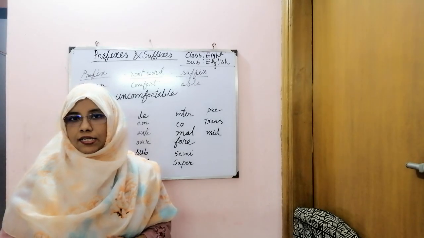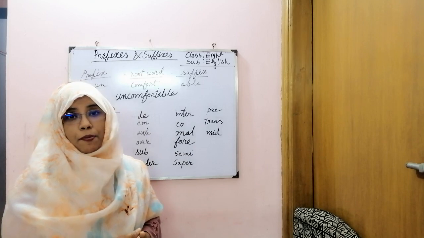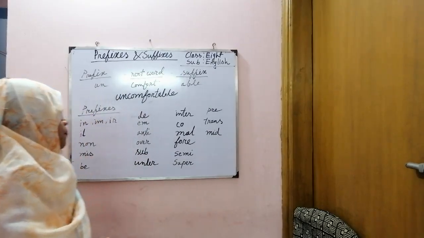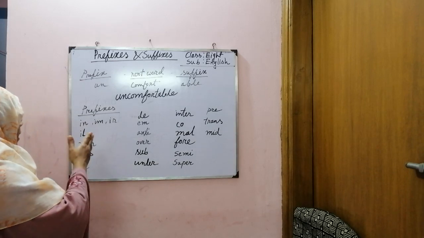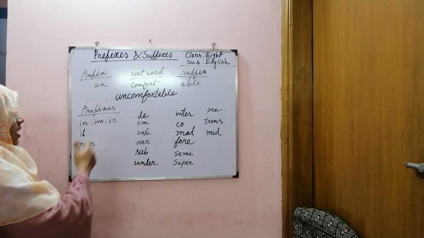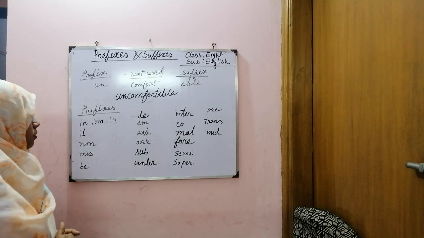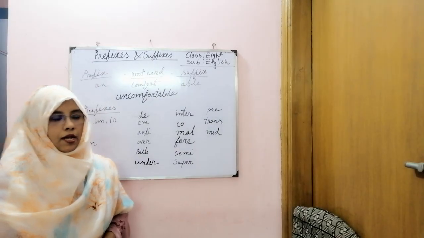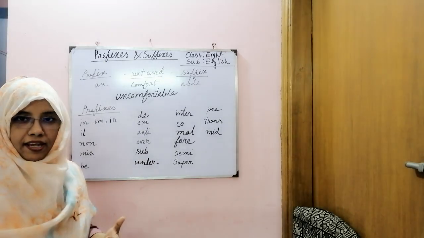In my last class, I discussed only 4 prefixes and I made some new words with the help of those prefixes. There are actually many prefixes. You can see I have made a list of some prefixes: il, non, miss, able, be, em, de, over, sub, under, inter, co, mal, fore, semi, super, pre, trans, etc. So dear learners, with the help of those prefixes, we can make many words.